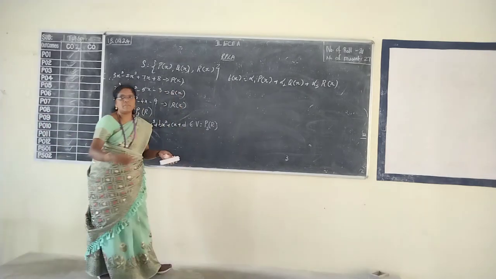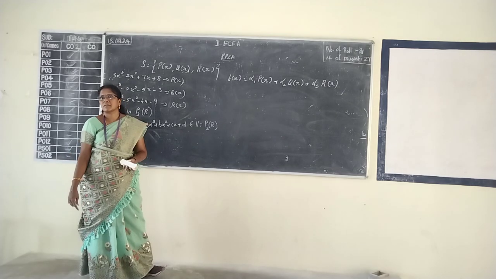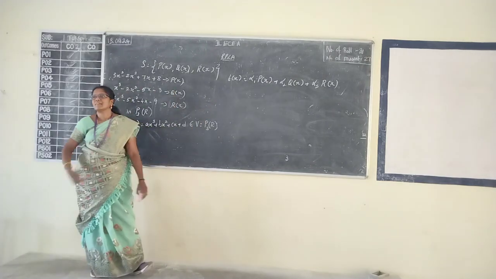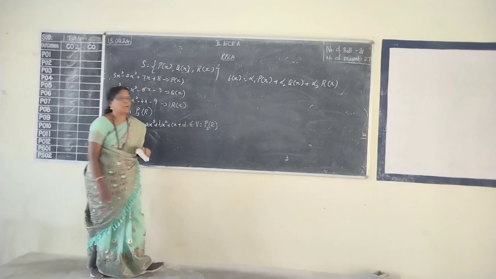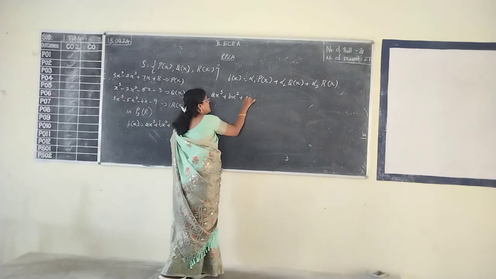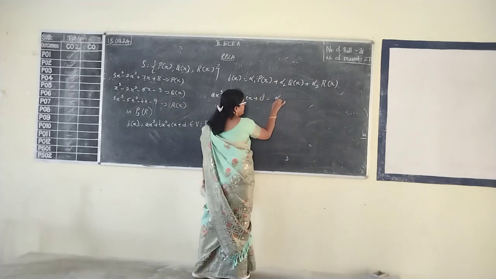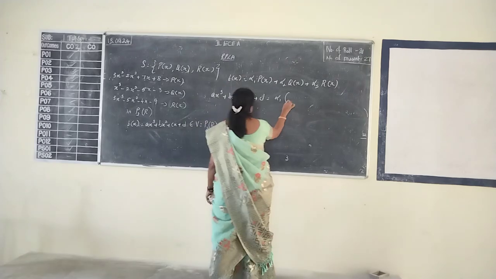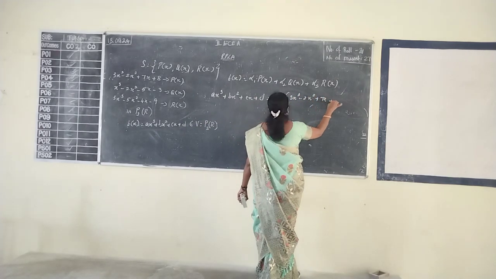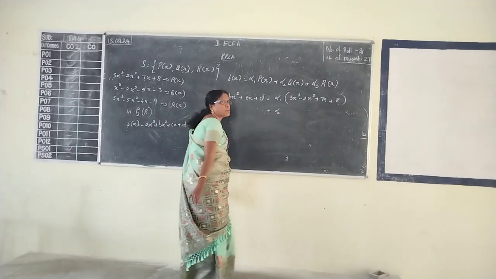Shall I do it directly or should we write T, P, Q, R? Okay, write T of x, ax cube plus bx square plus cx plus d, that is equal to alpha 1 into P of x, 7x plus 8, plus alpha 2 into Q of x.